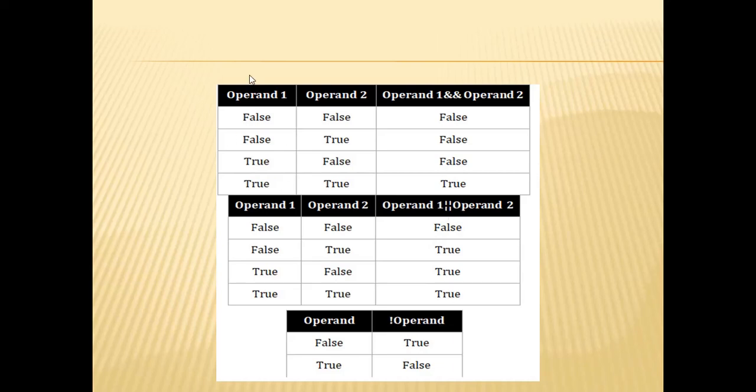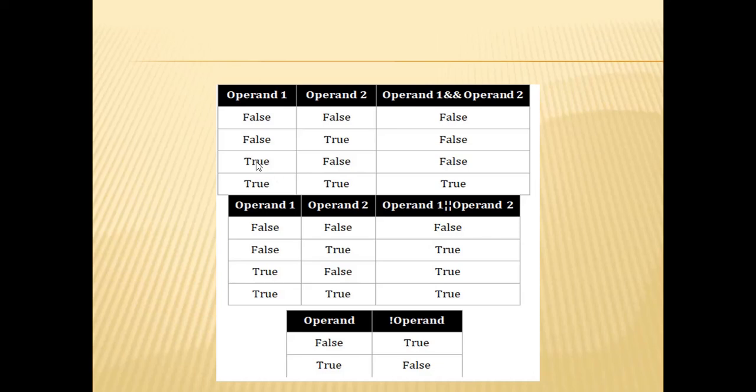Let us see the truth table. In the logical AND case, if the first operand is false and the second operand is also false, then the result is also false. If the first operand is false and the second operand is true, then the result is false.